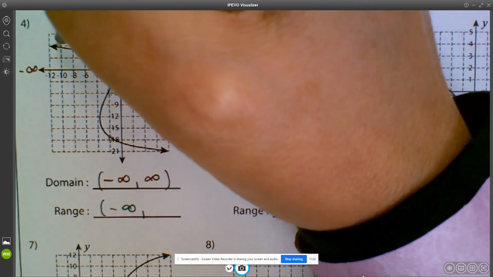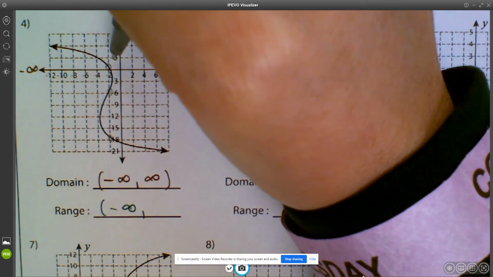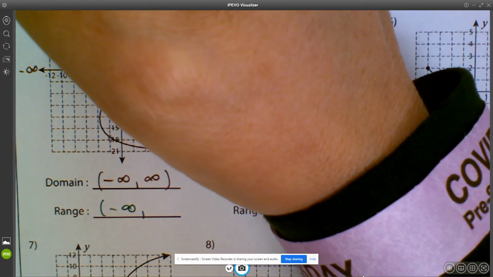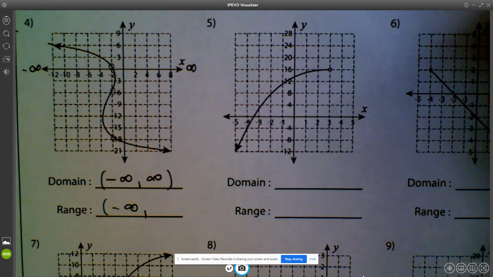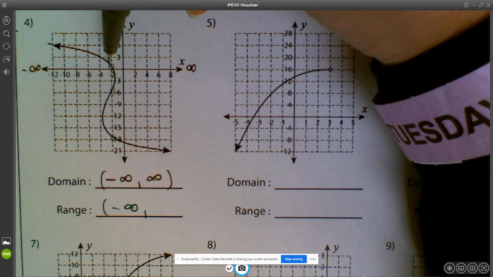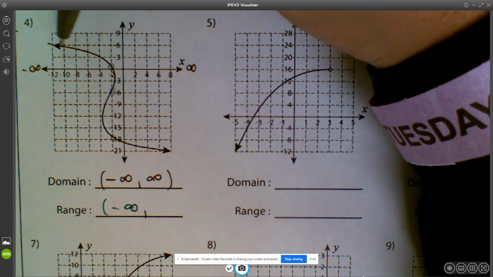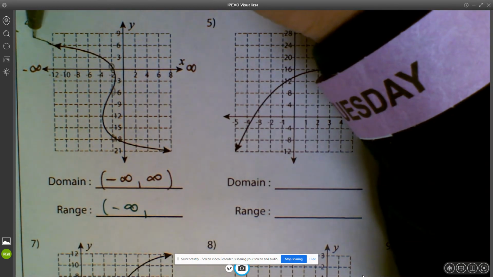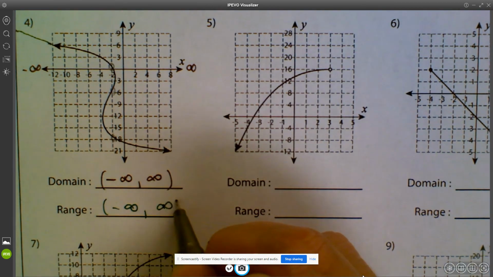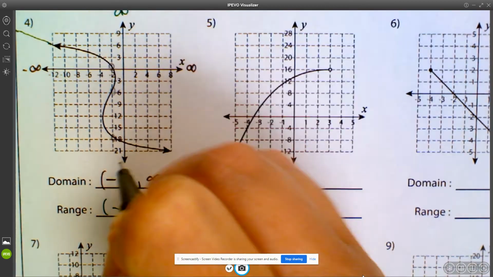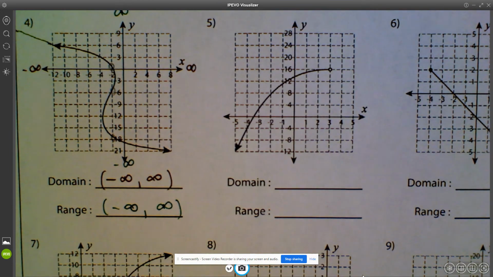Well, it goes 3, goes up to 6. It'll go up to 9 and so on. It just kind of keeps going. So it goes up to positive infinity. Okay. So these are the directions that we go.